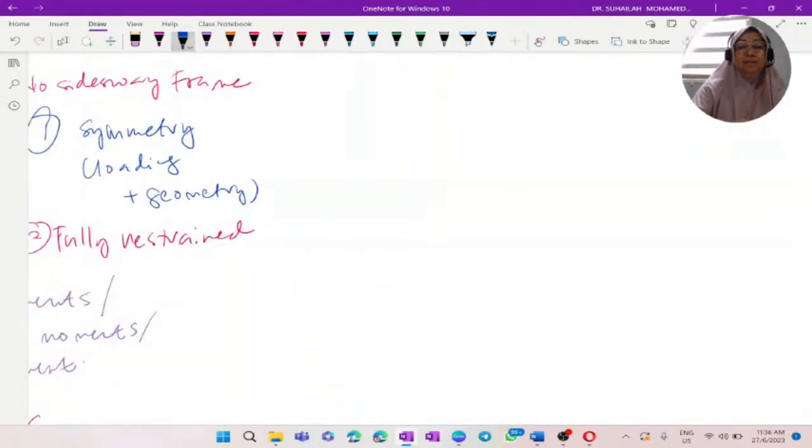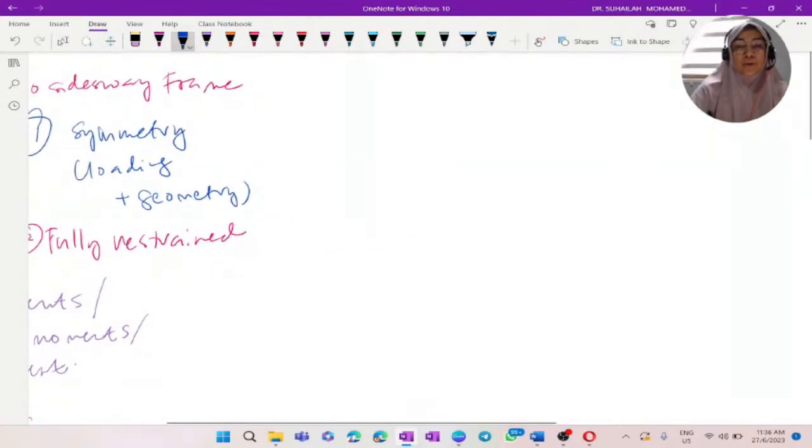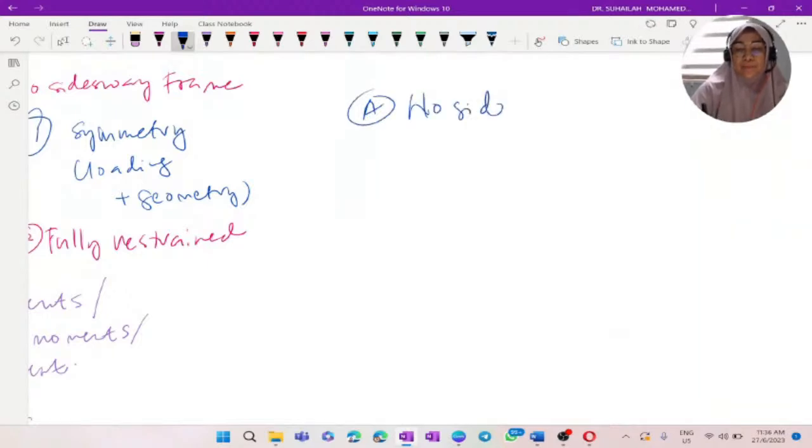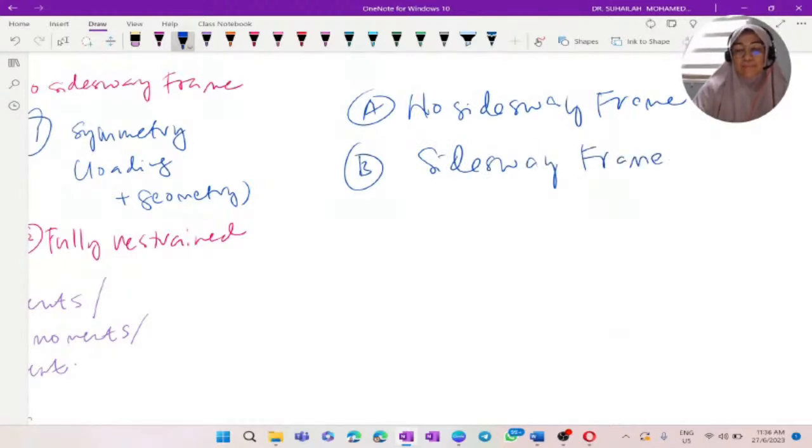Number one, I will label as A, the no sidesway frame. B, the sidesway frame. We will analyze the no sidesway frame and the sidesway frame under step number 2 and step number 3.